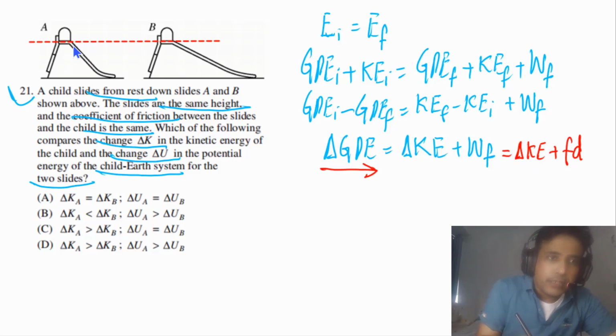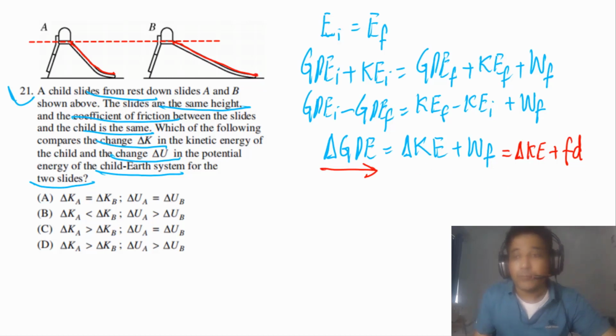If you look at A, in this case the distance traveled is only this much, and in the other case the distance traveled is much longer. But the force of friction is the same. If the distance traveled is longer, it means the work done against friction will be greater.